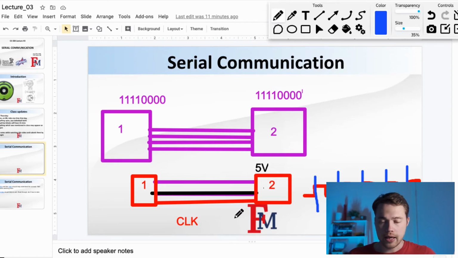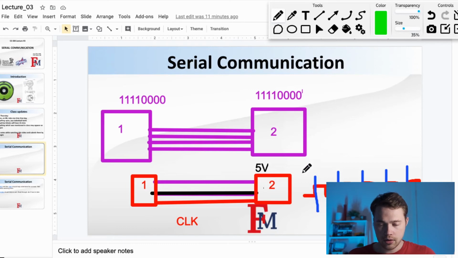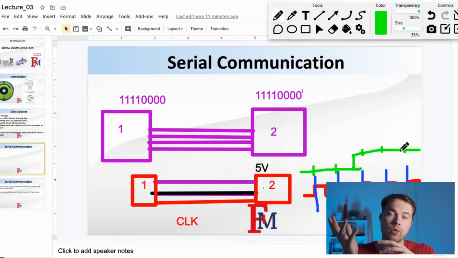So for example, if what you see on your side is 0, 0, 0, and then goes to 1, like this, that means you received 0 here, 0 here, 1 here, 1 here, 1 here. That means you received 5 bits: 0, 0, 1, 1, 1. 2 zeros, 3 ones.